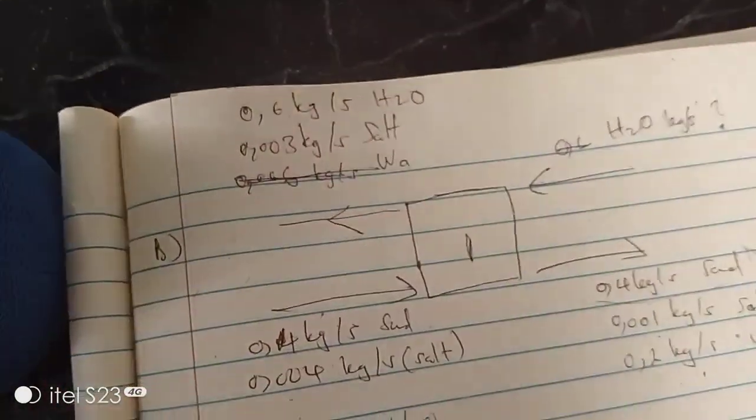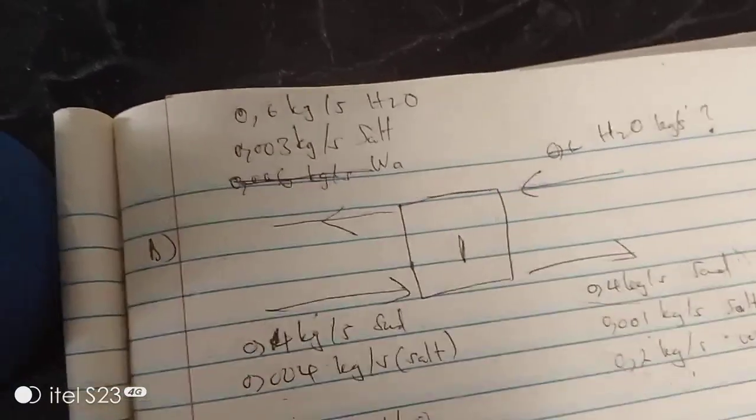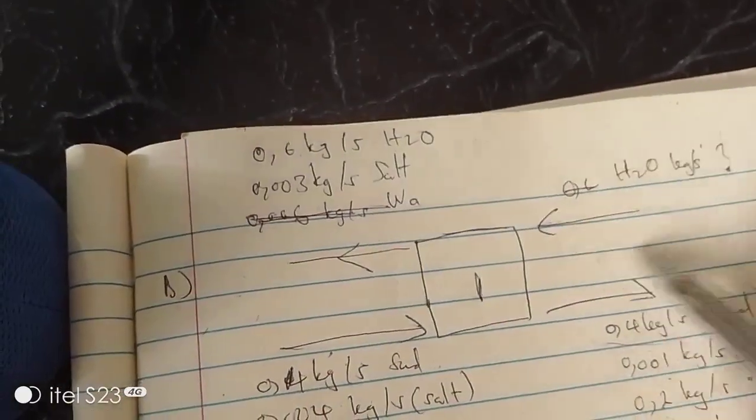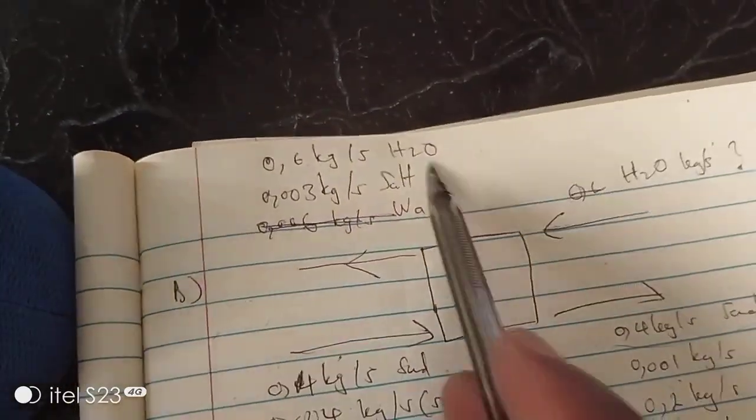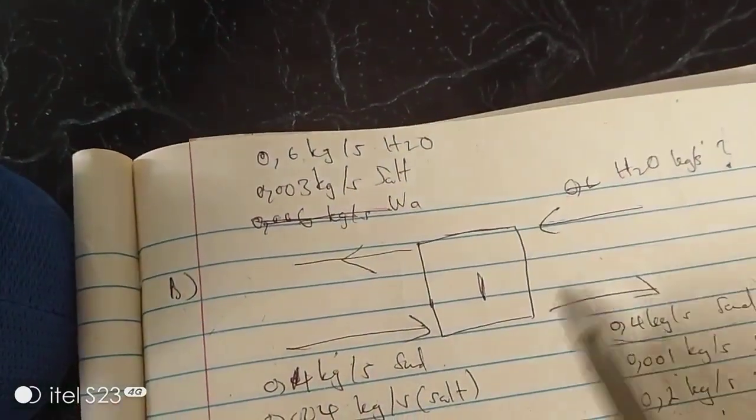Now for the water balance, it's easy for us, because we know that water only enters here and leaves here through the overflow, and also leaves here. Here we've got no water.